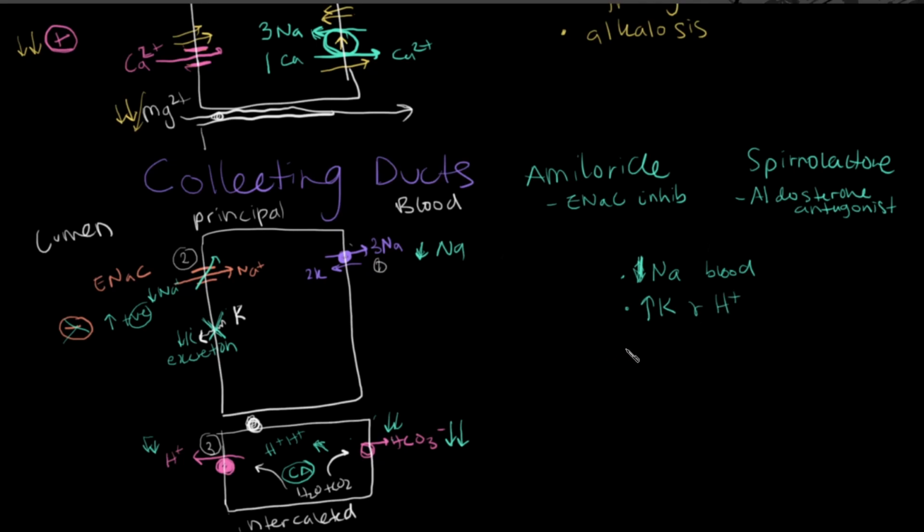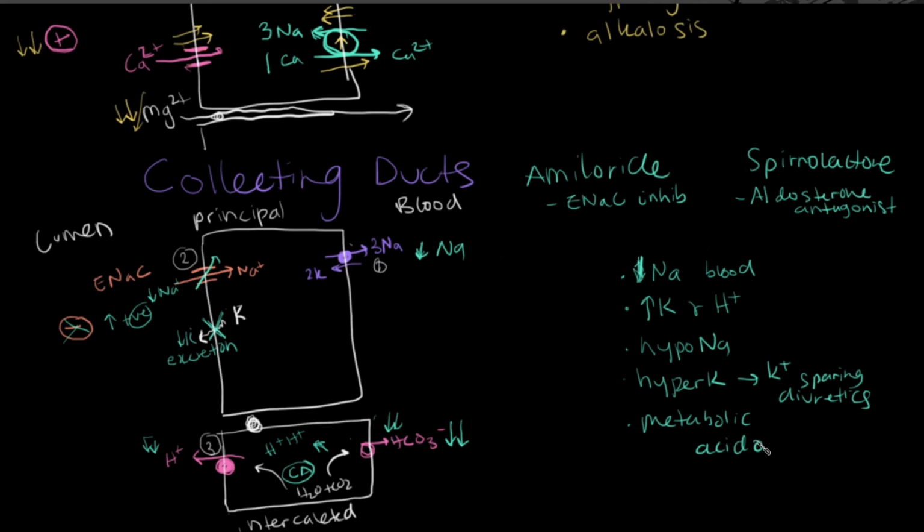And so what this is going to do is cause a hyponatremia, a hyperkalemia, and this is why they're often called potassium sparing diuretics. And lastly, because of this effect here, they cause a metabolic acidosis, because we have less bicarbonate reabsorption, which essentially makes the pH slightly more acidotic.